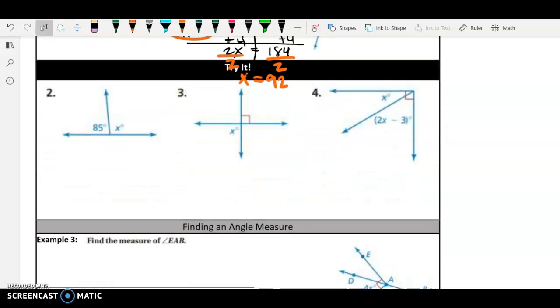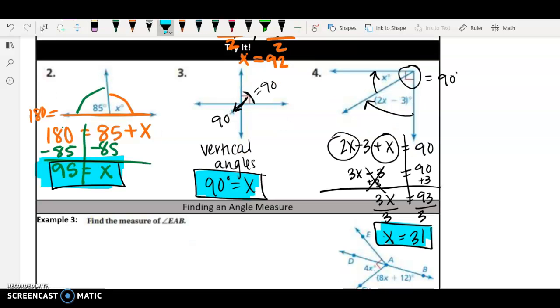All right, so you're going to try these 3 on your own and then check your answers with mine. So this is a straight line, and so that means that it's going to equal 180 degrees. So 85, so to get from here to here is 85, and then to keep going to get back to that line is x. So 85 plus x equals 180. We subtract 85 from both sides, and we get 95 equals x.